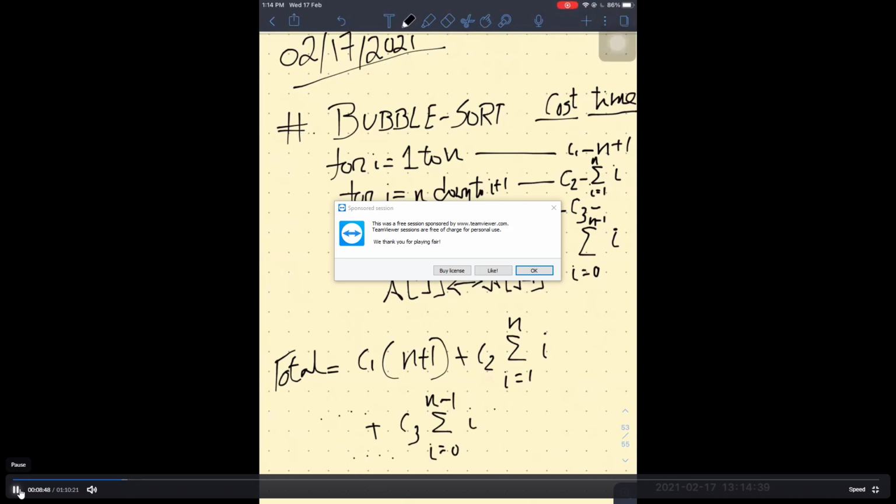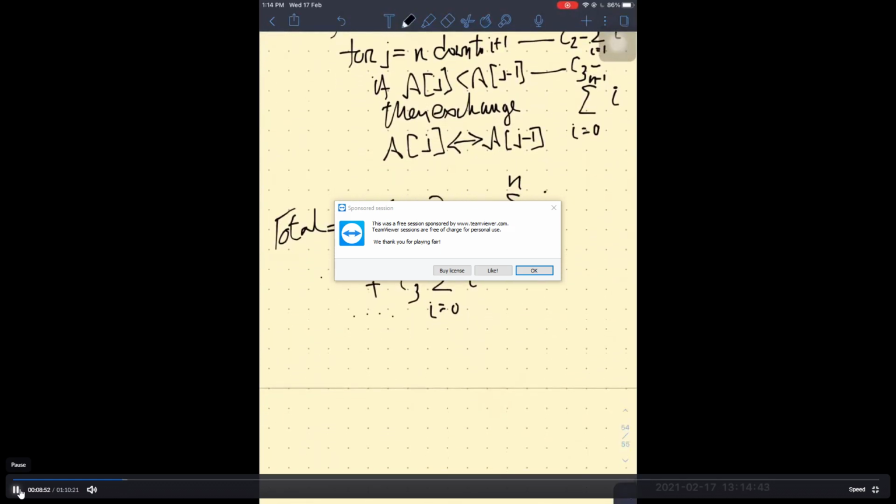Okay, so now we'll just put the values for the summations. C1 times n plus 1, then for the next one we have n times n plus 1 divided by 2.